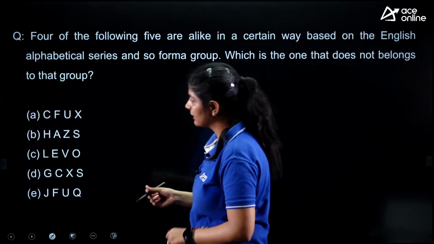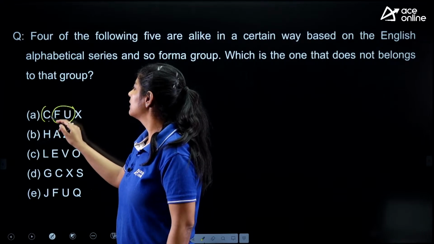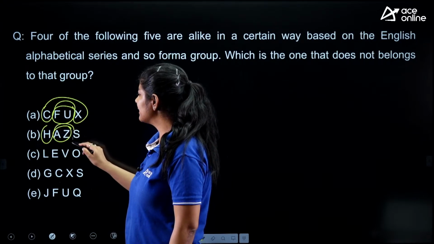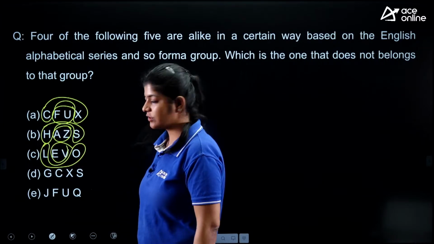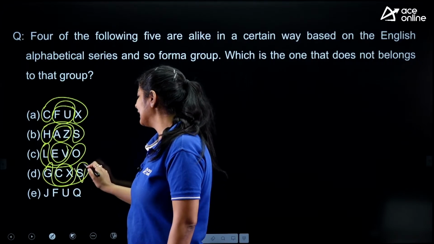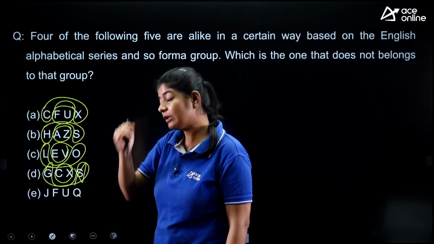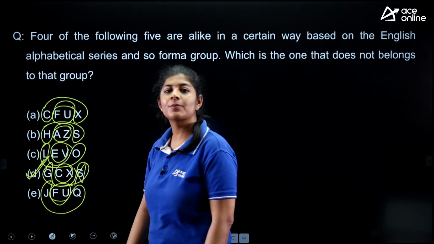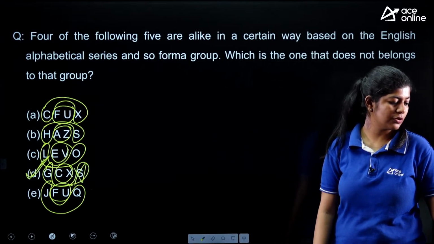Okay, let's start discussing it. This is a very simple one. Here you will see FU, opposite pair, CX, opposite pair, AZ opposite pair, and so on, but the opposite pair of G is T, not S, and the opposite pair of S is H, not G. So the odd one out is option number D. Very good, Sundaram.